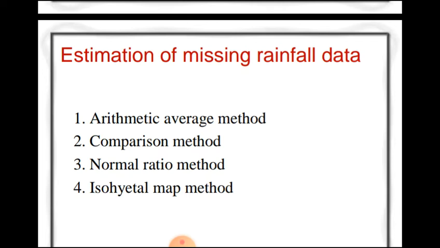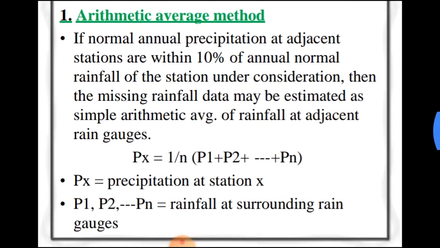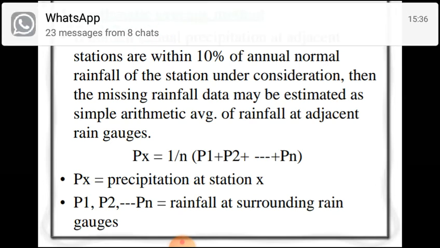But there is a problem with this method when there is wide variation of rain in that area. For example, one gauge may generally record higher rainfall compared to another gauge. That's why we have to look at the normal precipitation at the various gauges.